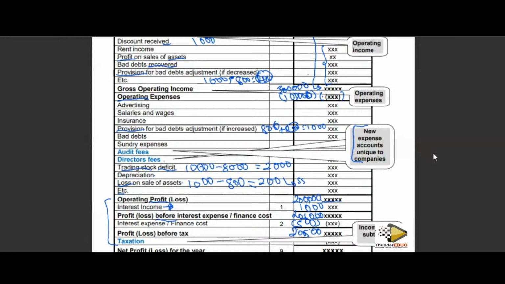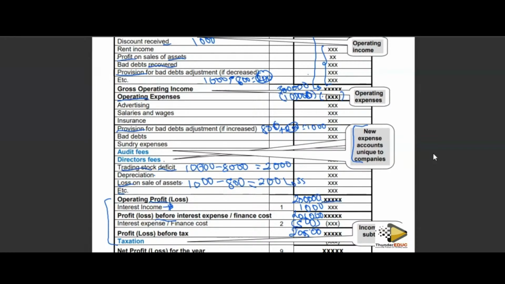When we pay tax, for example, in South Africa, we pay tax of 28%. So if this is our tax, we shall do 28%. Remember, the taxation here in South Africa is 28% times 200,500. So you'll get the amount of tax you have to pay.